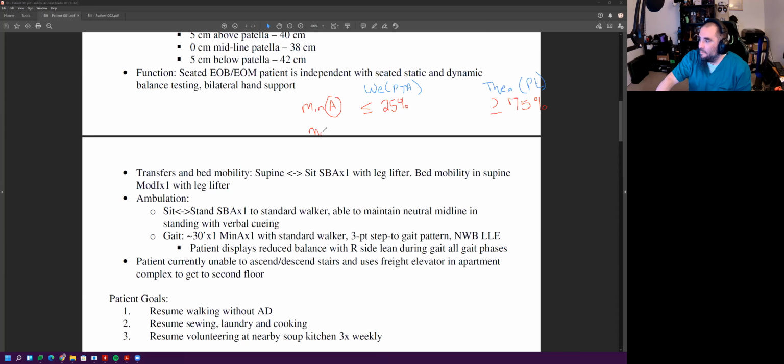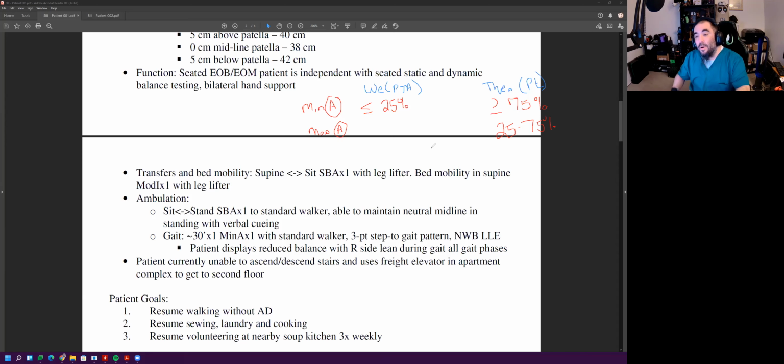Moderate assist, Mod A. What percentage is Mod A? 50%. Typically, the patient is doing somewhere between 25 and 75% of the work, and we're providing the opposite of that.